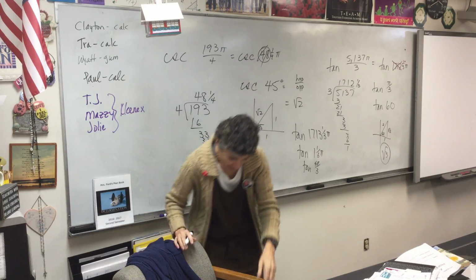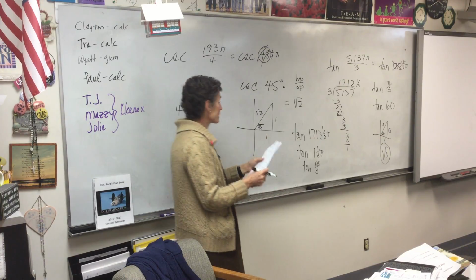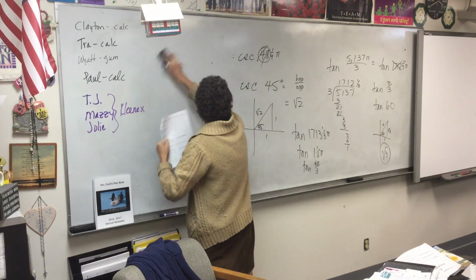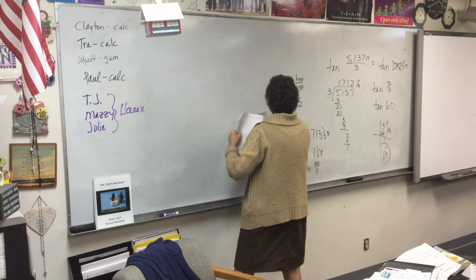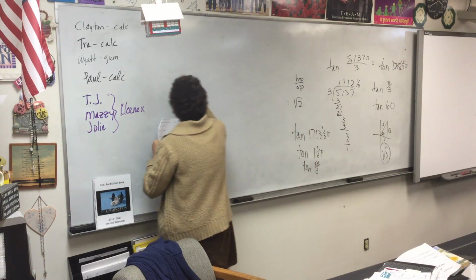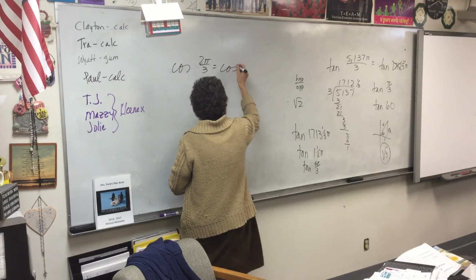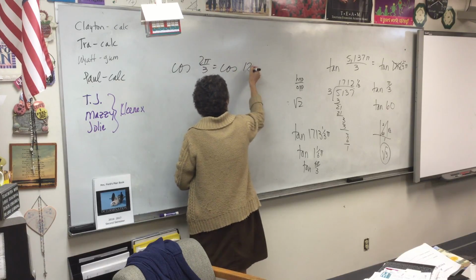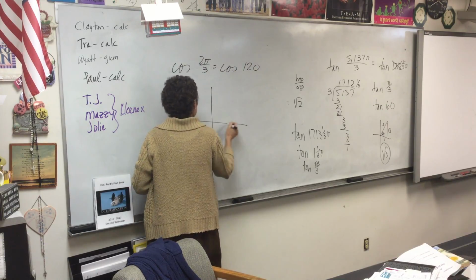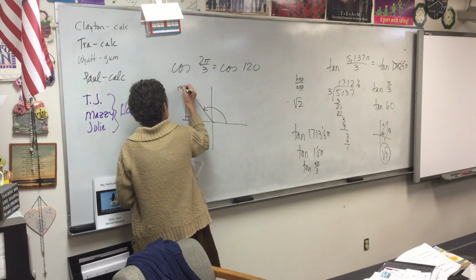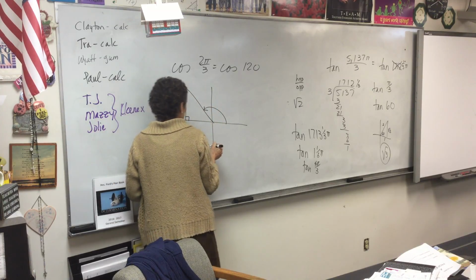All right, okay, next. Cosine 2 pi over 3. All right, that's easy. 2 pi over 3 is what? 120. So I'm going to draw 120. It's going to be a butterfly bow tie because it's out here in a quadrant.